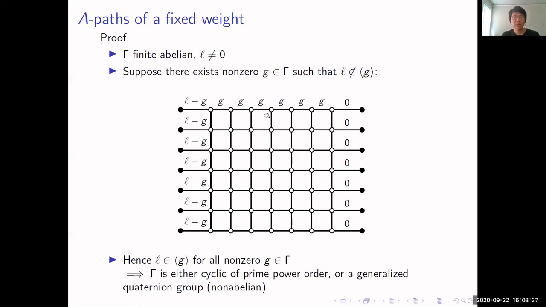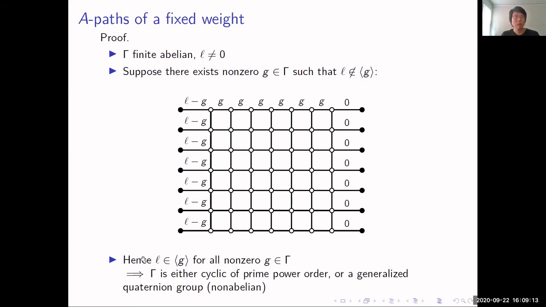It can use some edges here, but its total weight will belong in the coset 2L plus the subgroup generated by G. And that cannot be equal to L. If 2L plus the subgroup generated by G is equal to L, then that means L is in the subgroup. And similarly, if you have something here that's in the subgroup generated by G, that can't be equal to L. So every A path has to go from left to right using an edge in the top row.